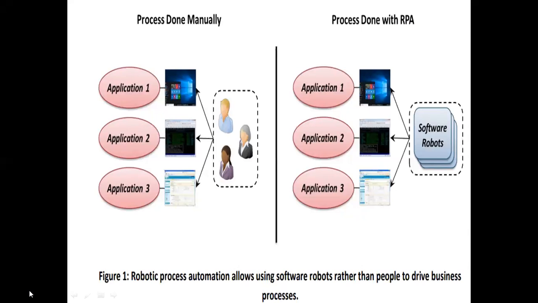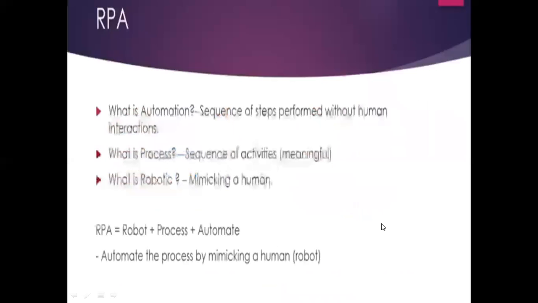Now if we look at the definition, as we have discussed, what is automation? A sequence of steps performed without human interaction. And what exactly is a process? A sequence of meaningful activities. And what is robotic? It's mimicking a human, how you are going to do it. In any RPA tool, we call it a bot.